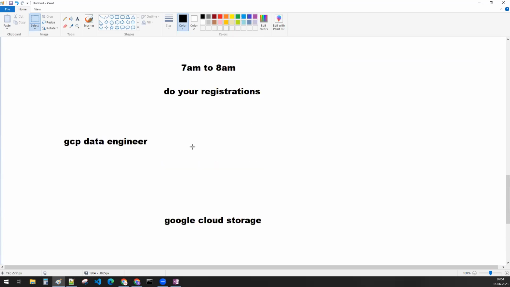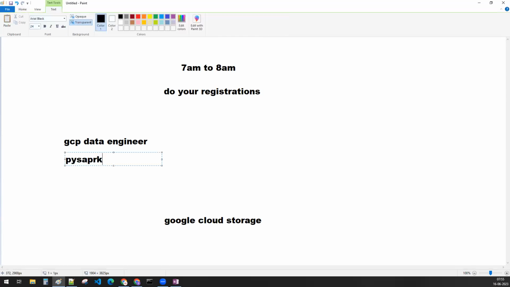Sir, can you repeat one more time regarding the job title after this course? GCP data engineer, guys. You can mention GCP data engineer, GCP engineer, Google Cloud engineer, or cloud developer, all of those come under this. You can also go for PySpark developer or SQL developer. All these come under this. Our course is going to be Apache Beam developer.